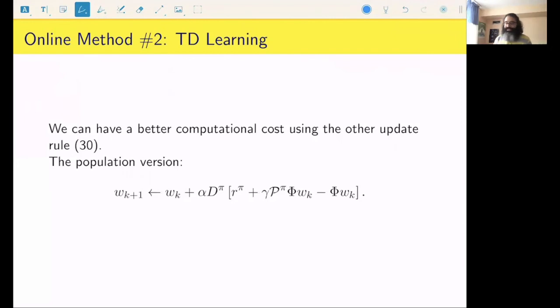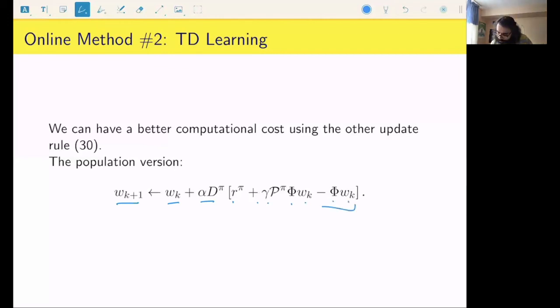So this would be the TD method with linear function approximation, and this is based on the second method that we had for finding a fixed point of the projected Bellman equation. The update rule that we had, the population version, was w_{k+1} = w_k + alpha times D^pi of (r^pi + gamma P^pi Phi w_k - Phi w_k).